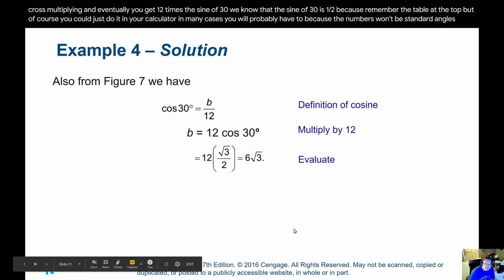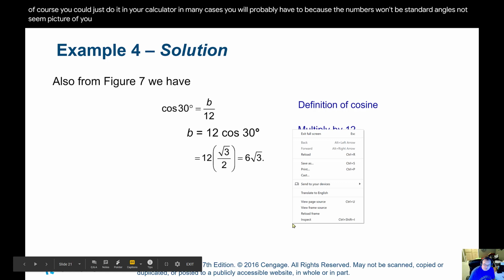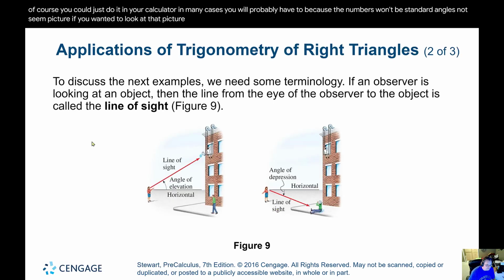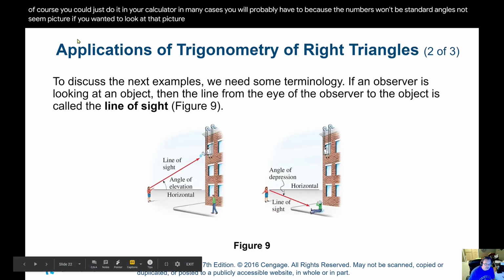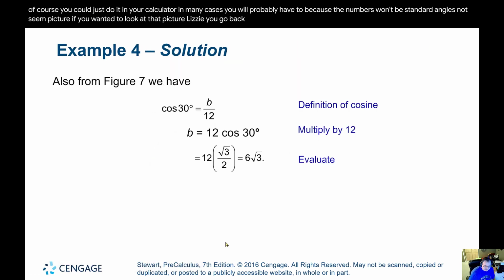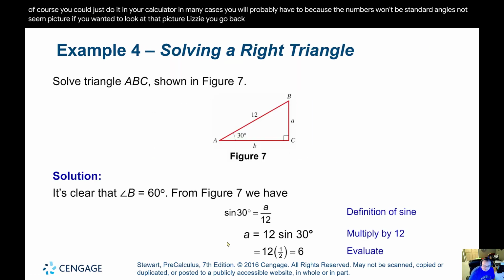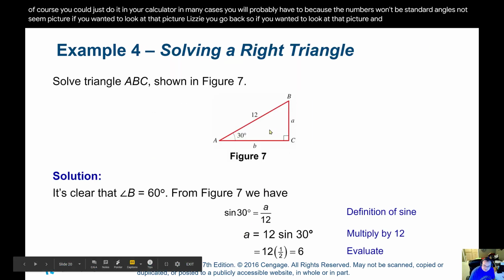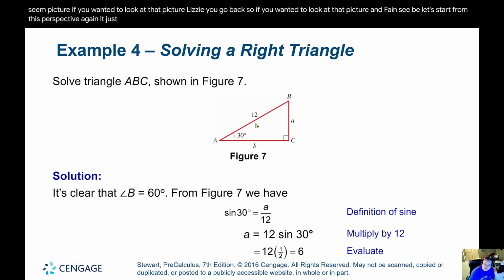From that same picture, if you wanted to find, say, B, let's start from this perspective again: adjacent over hypotenuse. From this angle's perspective, this side here, the one that has a little B on it, is adjacent, and this one here is hypotenuse.